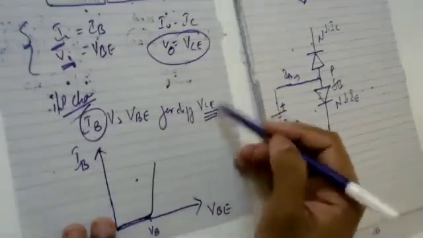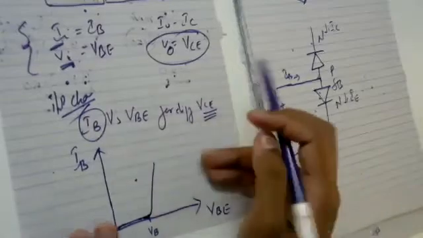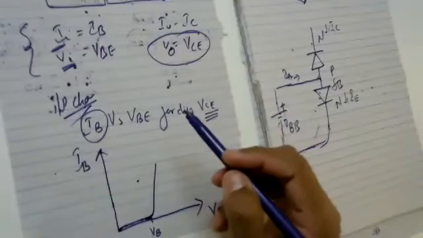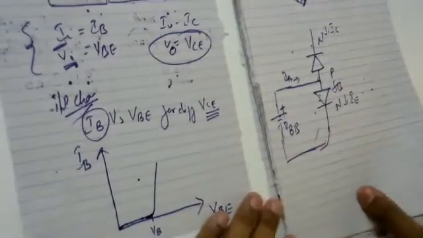What's the effect of variation in VCE on IB? Now, in order to understand this effect, as we had introduced one term in the previous session, something called the early effect.